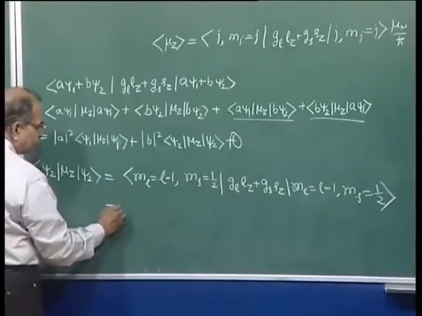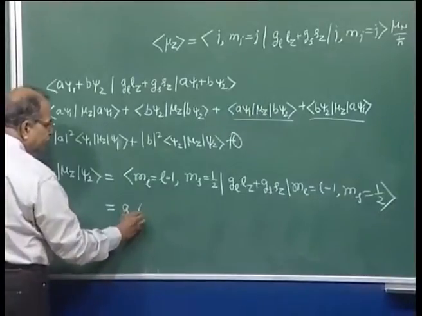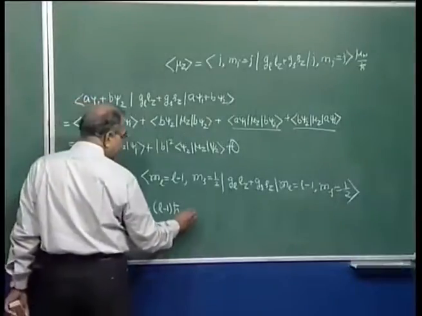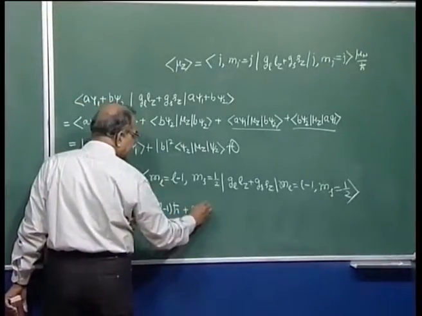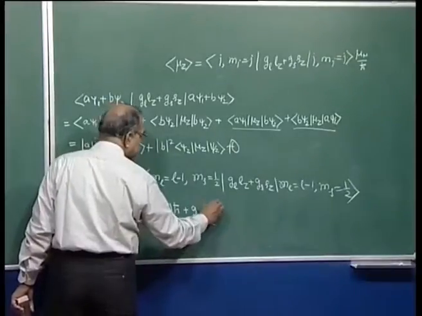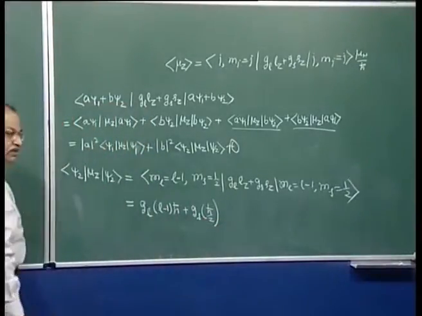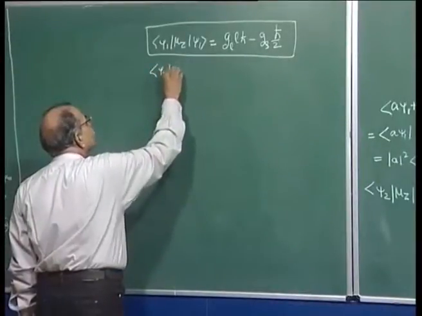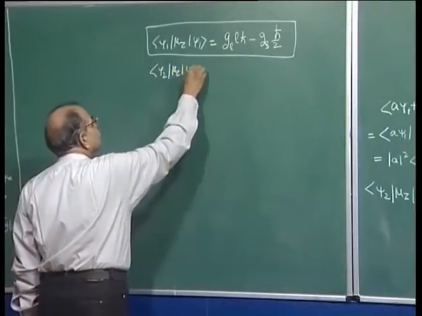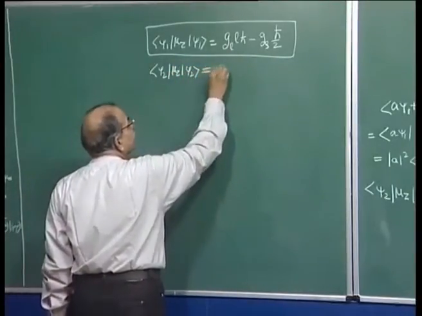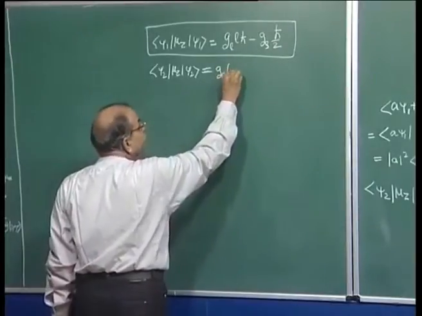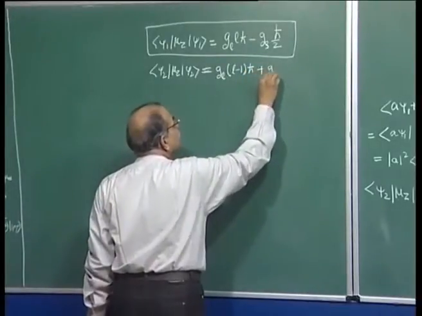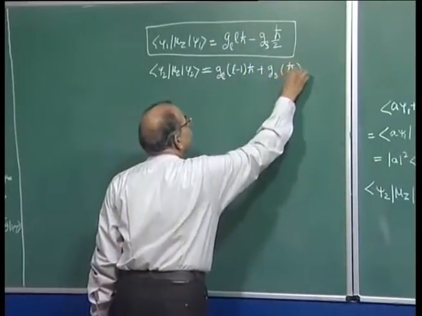So, this will be GL times L minus 1 h cross, plus GS times h cross by 2. That is the second part.